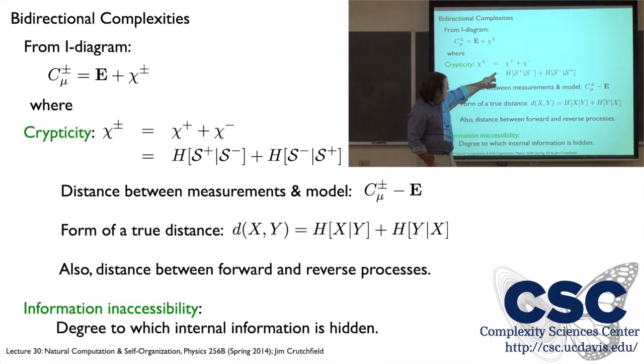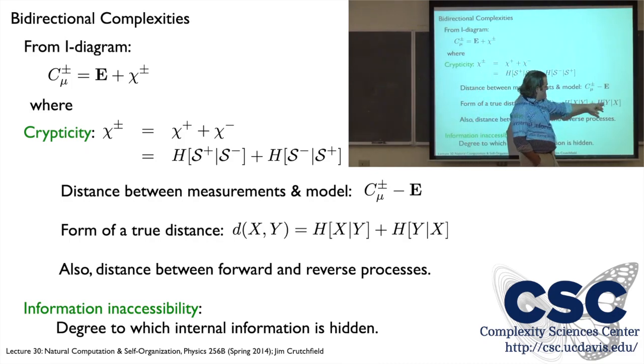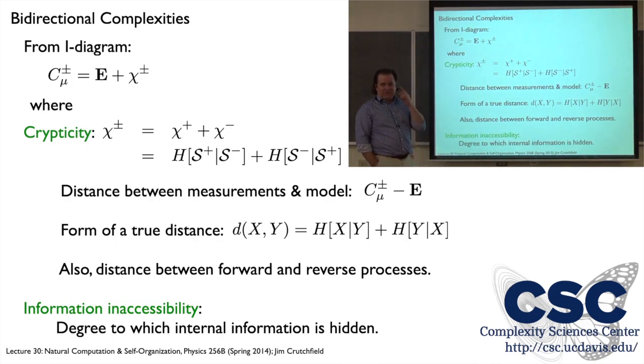But this is an interesting expression, because if you remember way back to when we first introduced information measures in the winter, I noted that for any two random variables X and Y, the sum of their conditional entropies, uncertainty of X given Y plus uncertainty of Y given X, is actually a metric in the space of distributions. It gives us a distance measure.